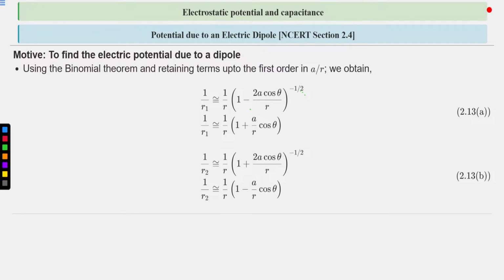It will become 2 by 2 cancel out, minus minus plus. Here also it will multiply with this term and it will become 2 by 2 cancel out, plus minus minus. So after applying the binomial approximation, we got the values of 1 by r1 and 1 by r2, which we intended to find.